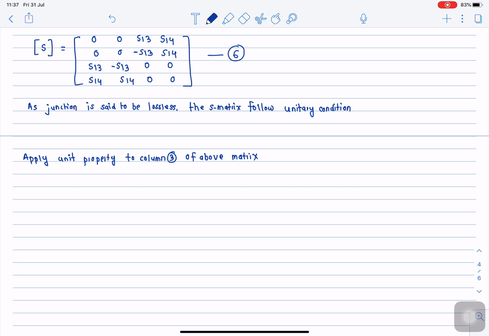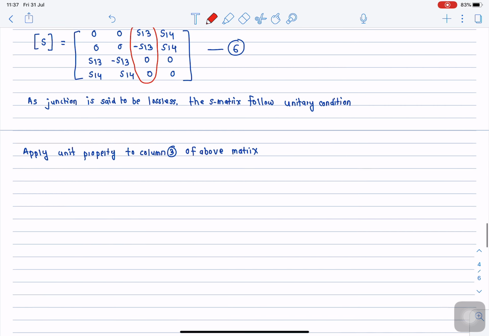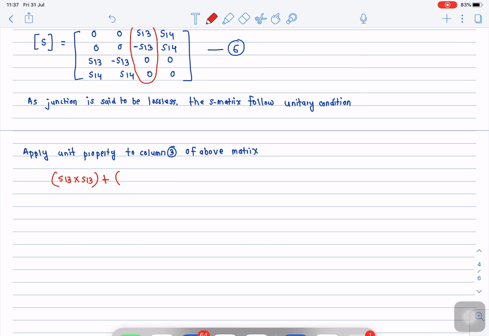So we can write S13 multiplied by itself, and go on taking the self product in this way. The second term is minus S13 multiplied by itself. The third and fourth terms are 0, and this is equated to 1.